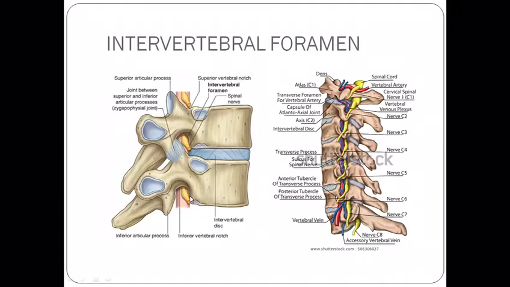This is the clinical anatomy related to the intervertebral foramen, and it is more prone to occur in the lumbar region because the thickness of the nerve is larger towards the lumbar origin. Once the nerve becomes larger, the size of the intervertebral foramen is reduced. That's why the lumbar region is more prone to this compression.